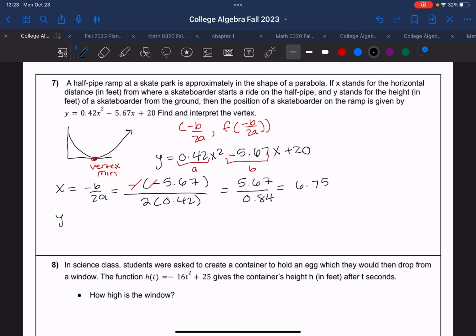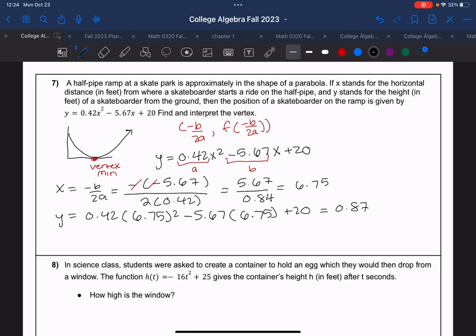So y equals 0.42 times 6.75 squared minus 5.67 times 6.75 plus 20. So anywhere I saw an x, I plugged in 6.75. If I plug all of that into my calculator, you should get 0.87.